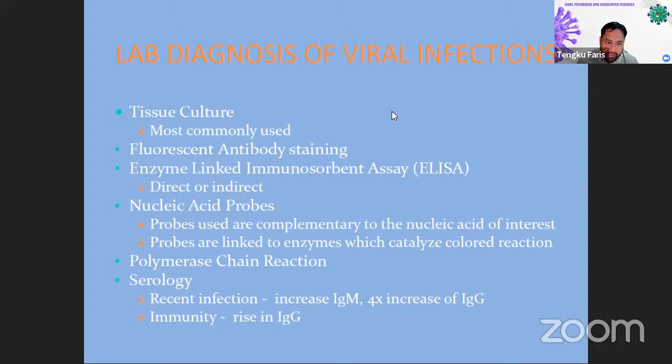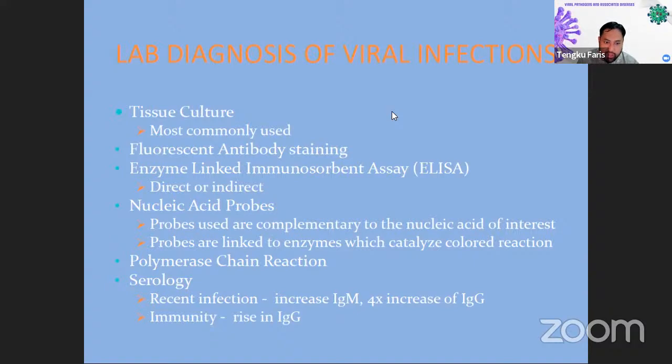Otherwise, you can confirm by using PCR, polymerase chain reaction, where they multiply the DNA of the virus many times. Okay, from one copy it can go to millions of copies, so you can know that this is from that particular virus.